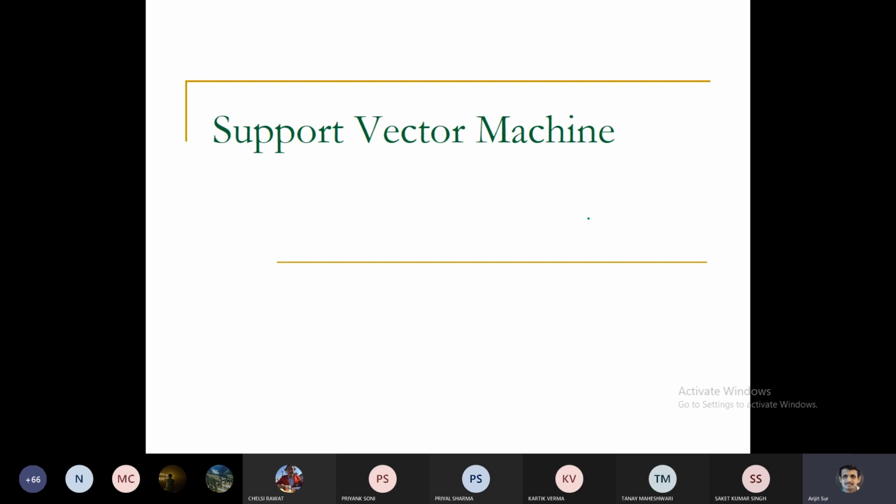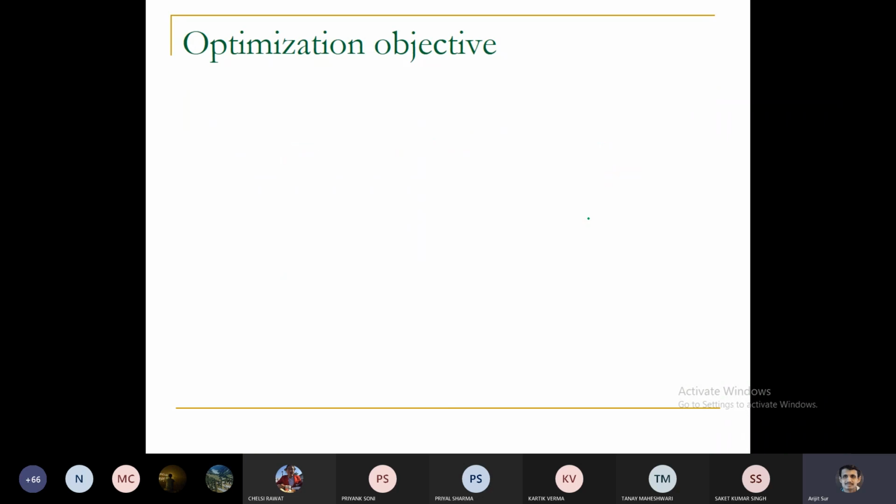Then we formalize it more mathematically and understand what we should do if data points are not given in a linearly separable form. Then we see how SVM is going to help in these scenarios.